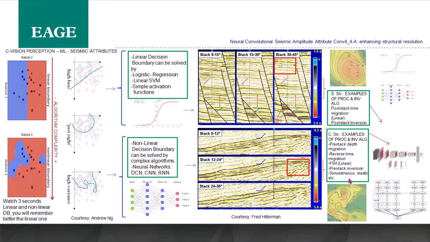The future trend to solve processing and inversion problems in 3D seismic will be to use new architectures of hybrid and complex neural networks.